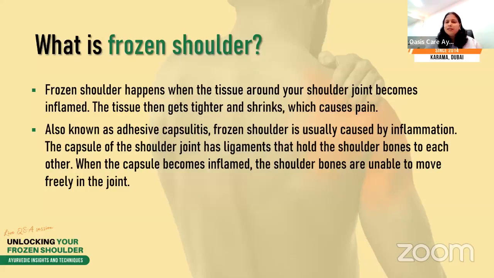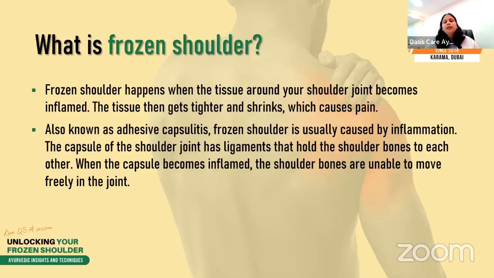Frozen shoulder happens when the tissue around the shoulder becomes inflamed, shrinks and becomes very tight, and because of that the pain starts. In medical terminology, many of us call it adhesive capsulitis, or frozen shoulder.